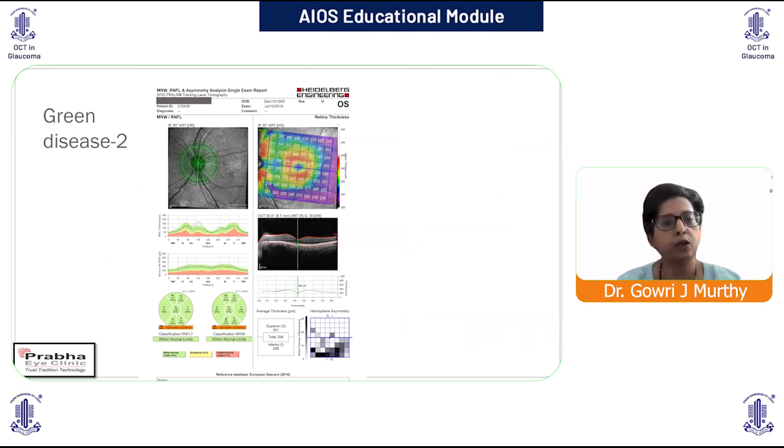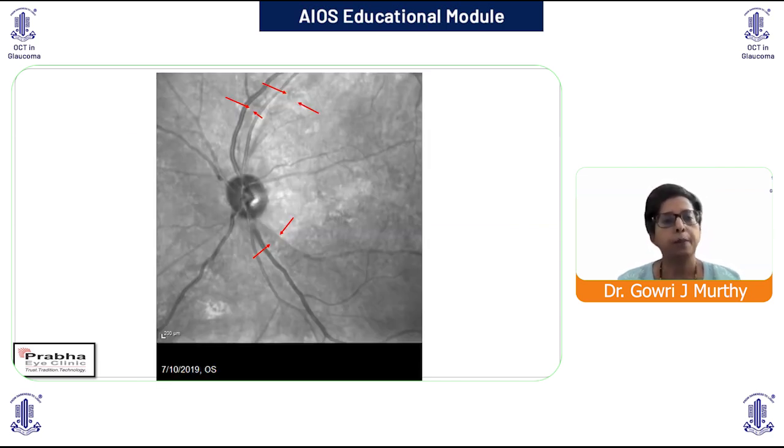If you cursorily look at this OCT, everything looks normal, green, and the GCIPL also looks normal. But when you look at the red-free image, you can see slit-like RNFL defects here, this one, and a very large one, in fact, over here.